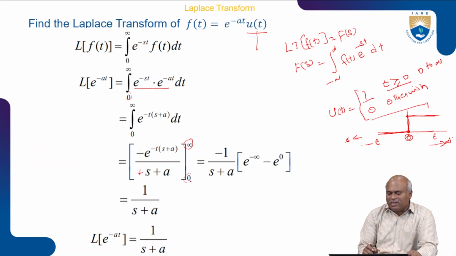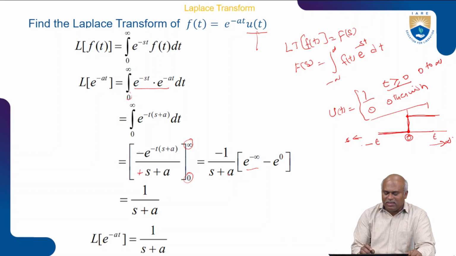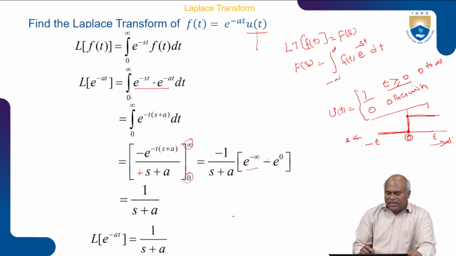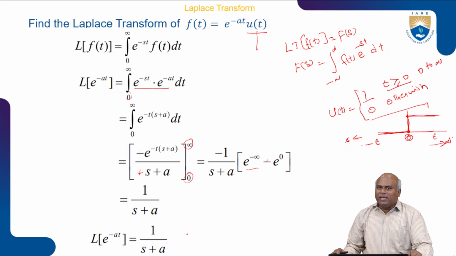Now e power minus infinity is equal to 0, and minus e power 0 is equal to minus 1. This minus and this minus cancel, and the remaining term is 1 by s plus a. Now the Laplace transform of e power minus at u of t is equal to 1 by s plus a.